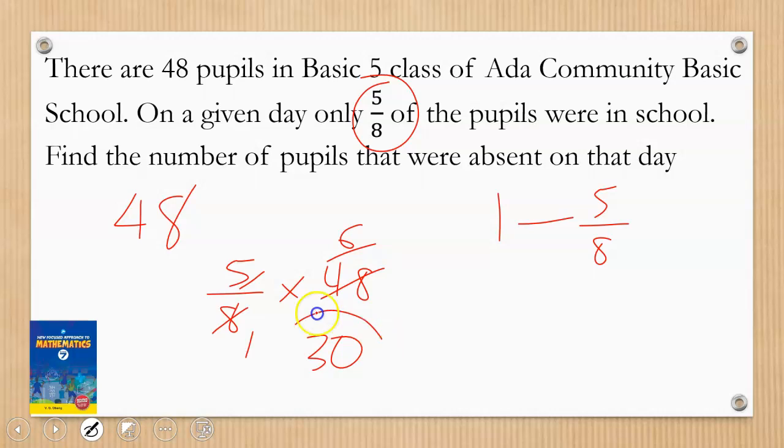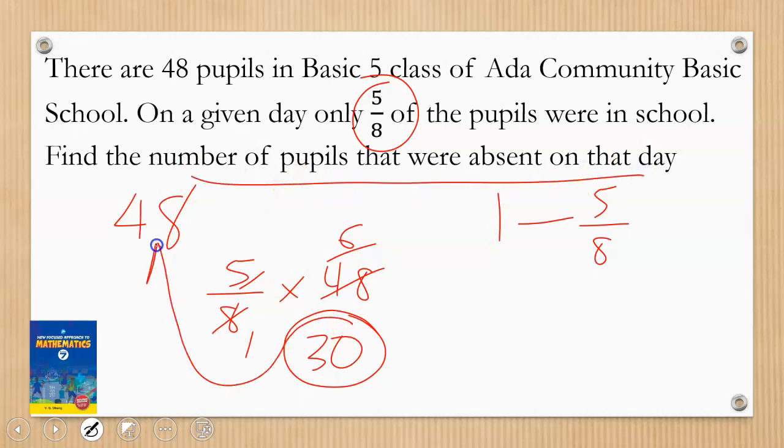So here we can say 30 people were present in the class. So if you want to find the number of people who were absent, I will just subtract this from 48, and so my answer becomes 18. Okay. So this is one way we can do this. Alternatively, we could have also taken the 5/8 from 1, and then we take the number of the 48.